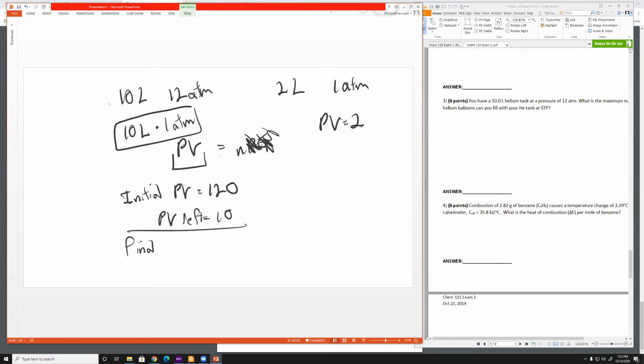Final PV, or usable PV, equals 110. So 110 of your PVs are usable, because the remainder has to stay in the tank, since that's when it reaches equilibrium with the outside atmosphere. So we can take this 110 and divide it by 2, which means we can have 55 balloons.